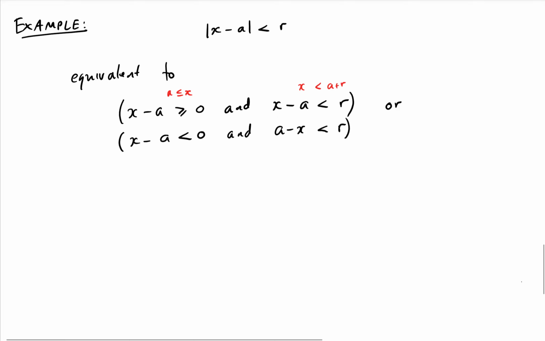We rearrange this one for x. We get x is less than a, and here we get x is greater than, what will it be? It'll be a minus r. So we can see that our statements are equivalent to two statements about x.